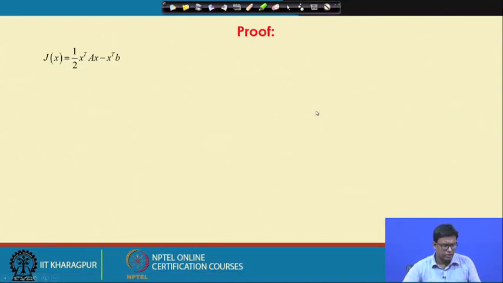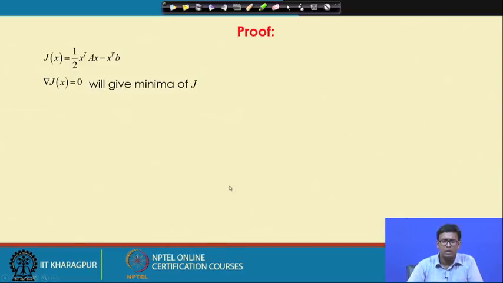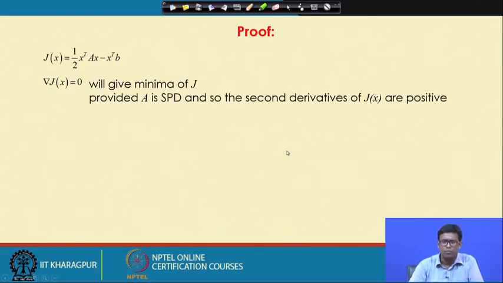It starts with J(x) = half of x transpose A x minus x transpose b, and for minima we must have, because this is a multivariable function, the gradient of J equal to 0. The first order derivative is 0, provided A is a symmetric positive definite matrix.